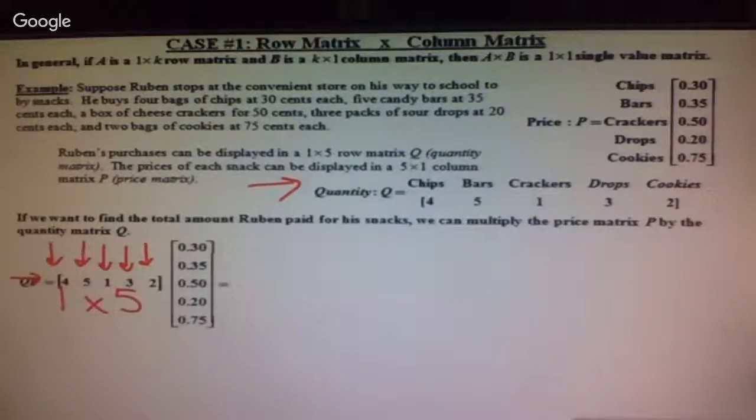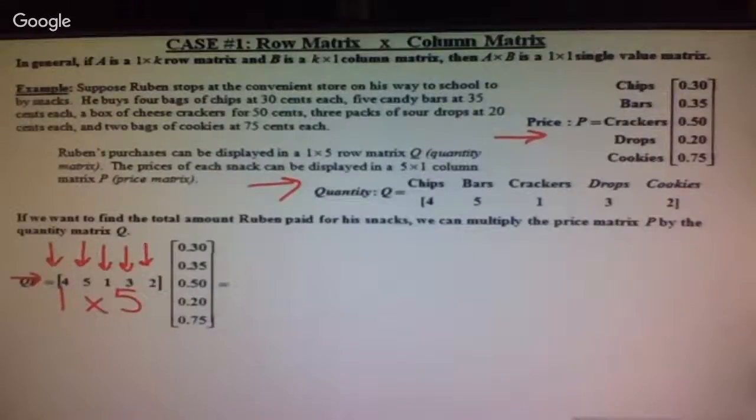We then take the prices and we make what we call a column matrix, which we've talked about. So we put how much are chips, how much are candy bars, how much are crackers, drops, and cookies. Notice the order that my row goes in is the same order that my column has to go in. So if I put chips first in my row, the price of chips had to be first in my column.